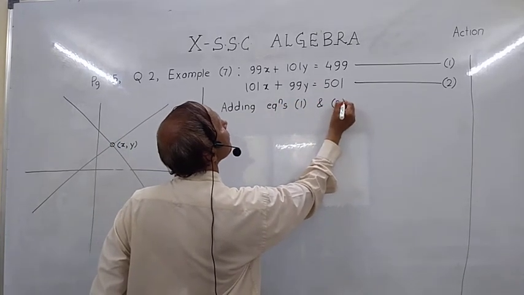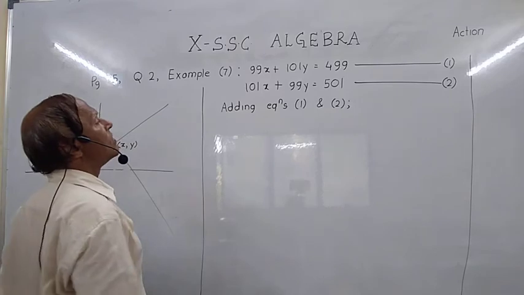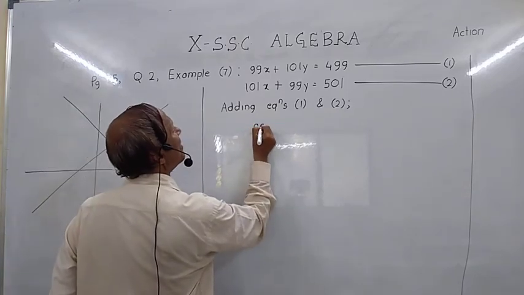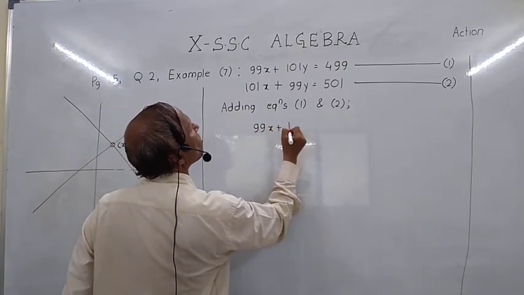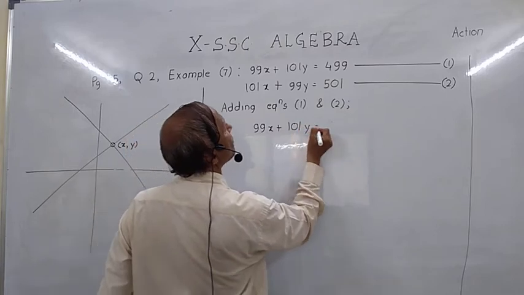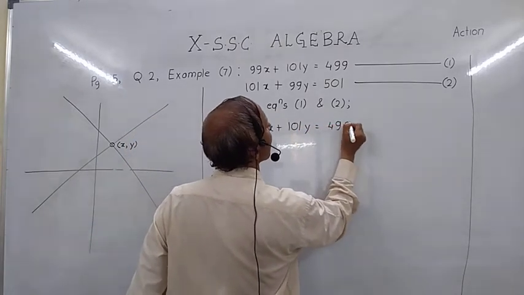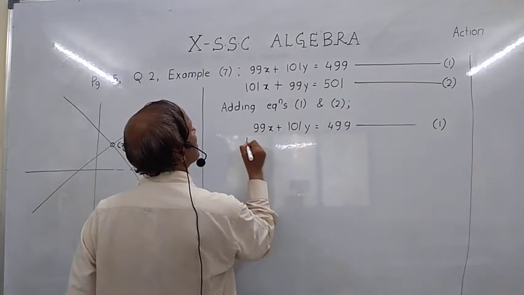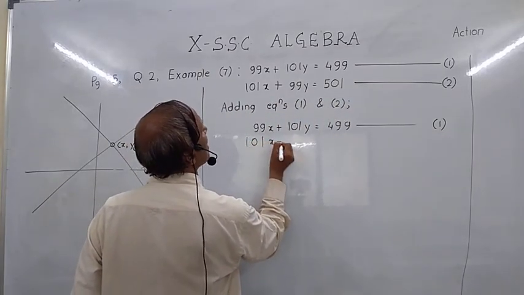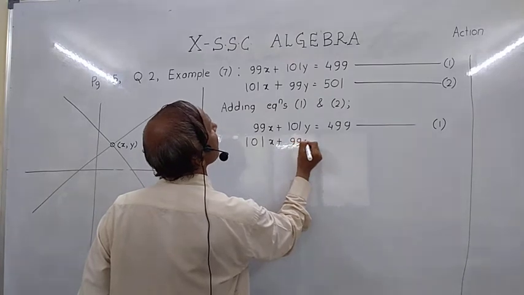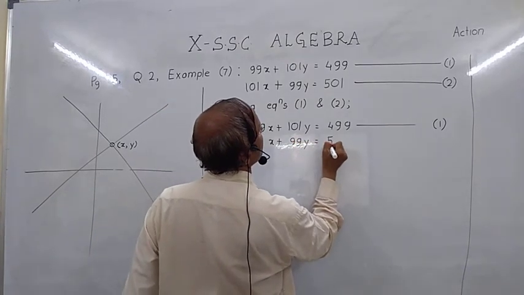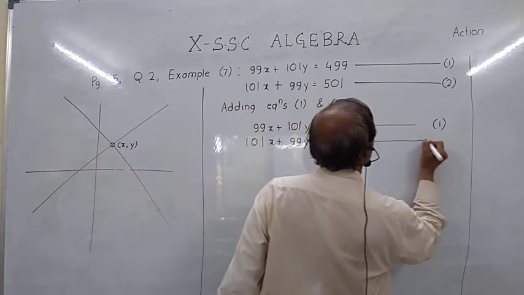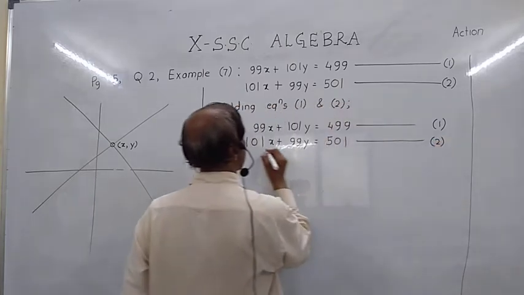99x plus 101y is equal to 499, equation 1. Then 101x plus 99y is equal to 501, equation 2.